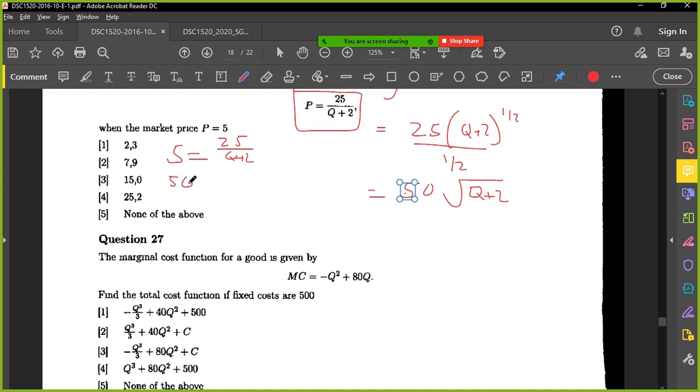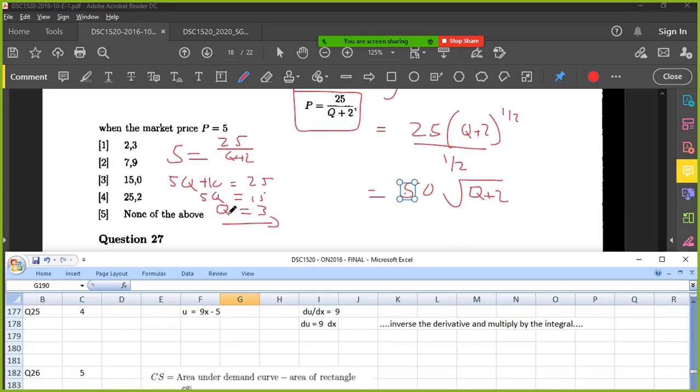This will be 5Q plus 10 equals 25. 5Q equals 15. Q equals 3. Okay. Is that right? Yeah, that looks right. Yep. Okay, so Q equals 3.